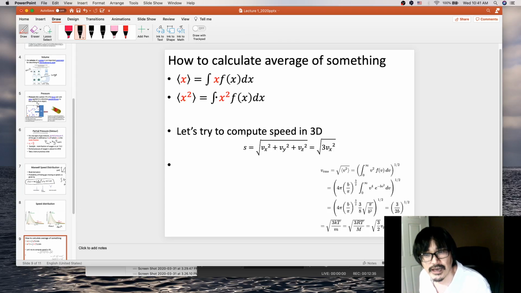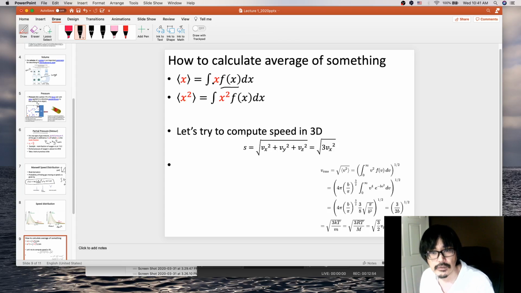So how do I calculate the average of something? If you already have the distribution, then all you have to do is multiply the distribution by the something and integrate over the entire space. Then you get the average.